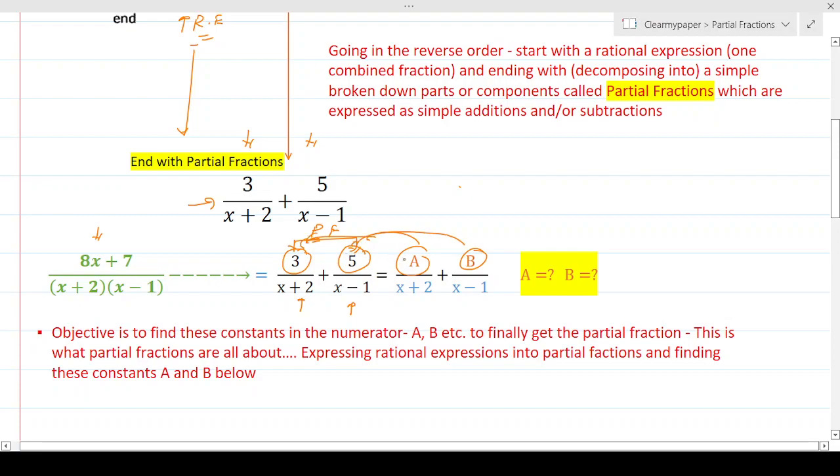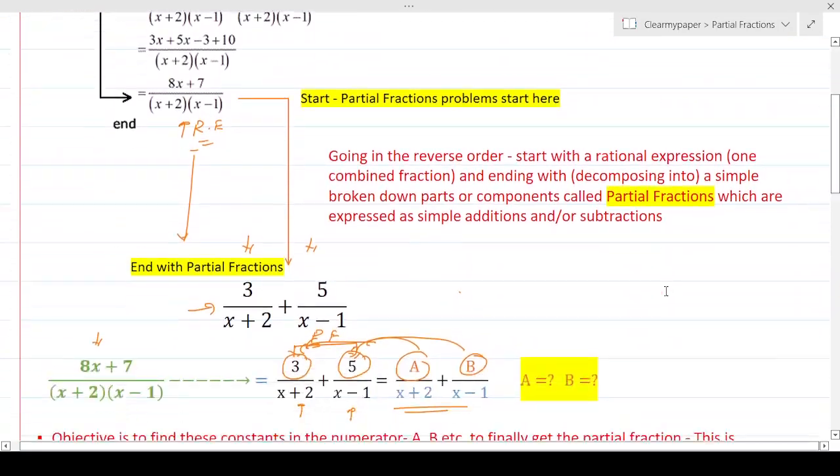So the whole objective of partial fraction is to express them, based on each type, in some format, which we will see, with a constant in the numerator, finding the values of those constants and putting them back in the equation. That's what we will do in all the types, and that's what I've highlighted in red. The objective is to find these constants A, B in the numerator to get the final partial fractions, and that's all partial fractions are about.